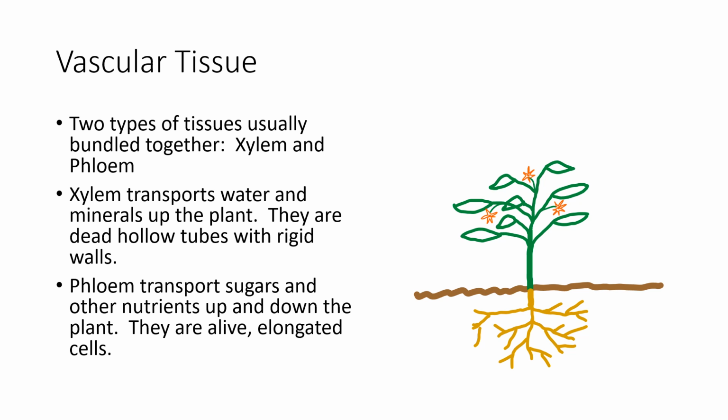So let's start with the vascular tissue. Vascular tissue comes in two types, xylem and phloem. And these two types are usually bundled together, strands going up and down the tree, and they actually support the function of each other as they go through the life cycle of the plant. The xylem are the first one we're going to look at.